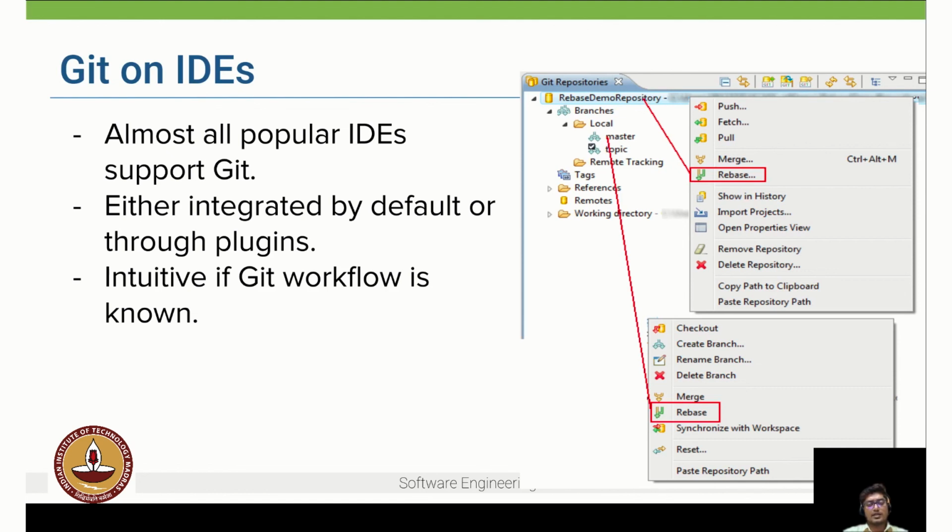As it is a graphical user interface, it's very intuitive, and you can see the directory structure of your repository, something like this. And there are options for all the commands that we have seen. If you have understood the workflow, it would be very easy to work using the GUI on IDEs. And IDEs also provide a way for command line if you want to use it.